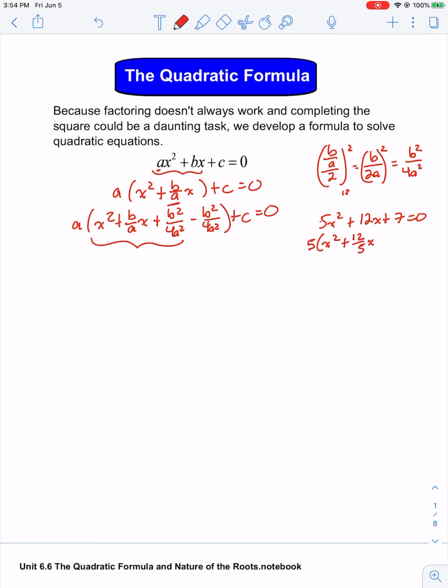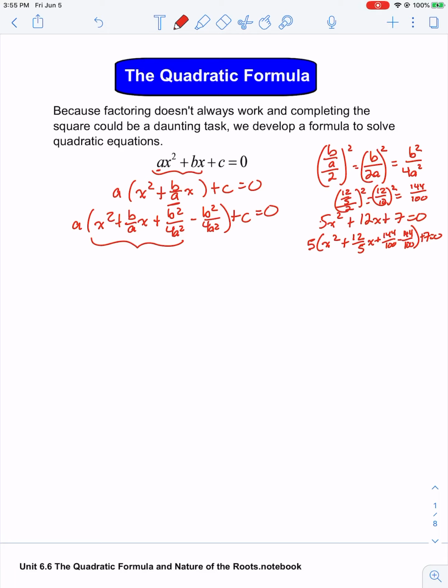Then you would take the 12 over 5, divide it by 2, and then square it. So that would be 12 over 10 squared, which would end up being 144 over 100. Yes, that can be simplified, but I'm not worried about that at this point. Then you would add the 144 over 100 and subtract 144 over 100, and then plus 7 equals 0.